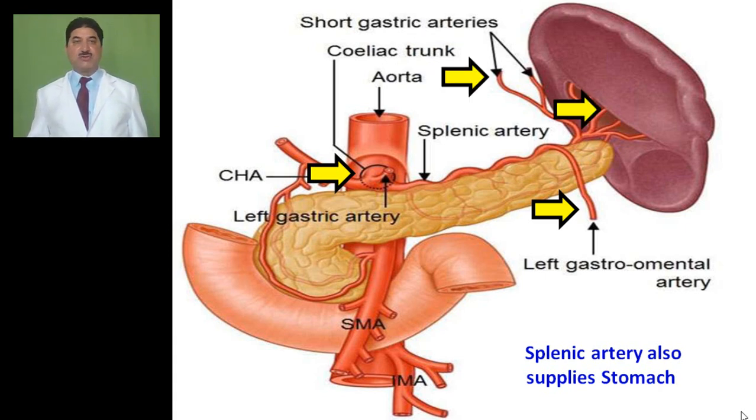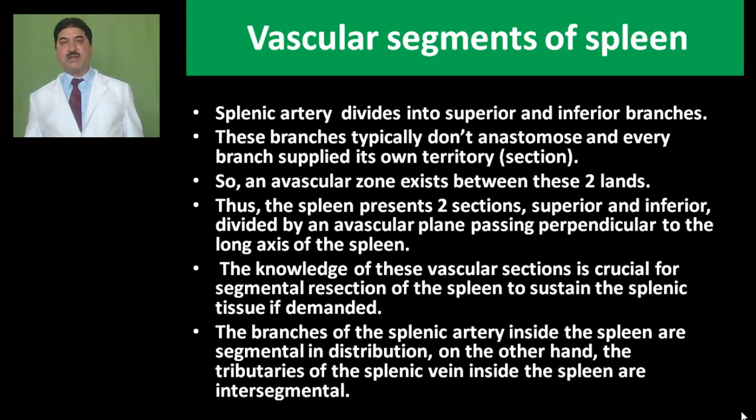Vascular segments of the spleen. The splenic artery divides into superior and inferior branches. These branches typically don't anastomose, and every branch supplies its own territory or section. So an avascular zone exists between these two segments. Thus, the spleen presents two sections, superior and inferior, divided by an avascular plane passing perpendicular to the long axis of the spleen.